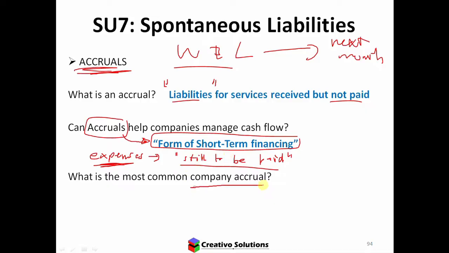In a company, what's the biggest accrual that companies use? Remember, we're talking about financial management, net working capital, managing a business. So in a company, what's the most common accrual that they have? Inventory, almost. Think about operations. Besides stock, besides inventory, what's the next biggest cost that a business needs to manage?